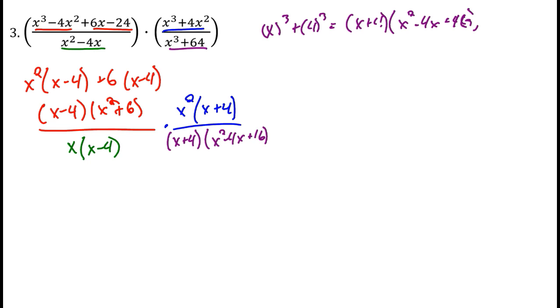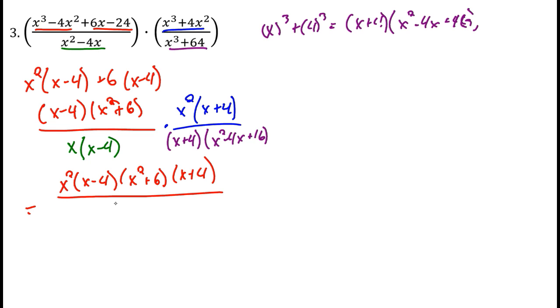So now that I've factored it, I'm going to multiply across the top and multiply across the bottom and get one big rational expression: x squared times x minus 4 times x squared plus 6 times x plus 4, over x times x minus 4 times x plus 4 times x squared minus 4x plus 16.